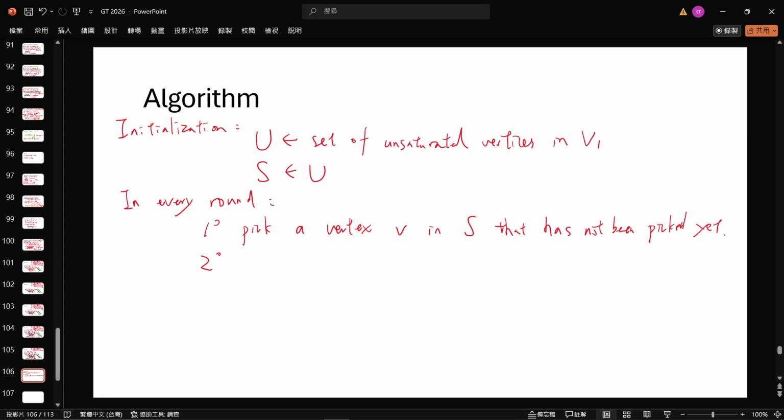Going down means I want to find the neighbors of V, and when I go down, I can only use edges not in the matching.